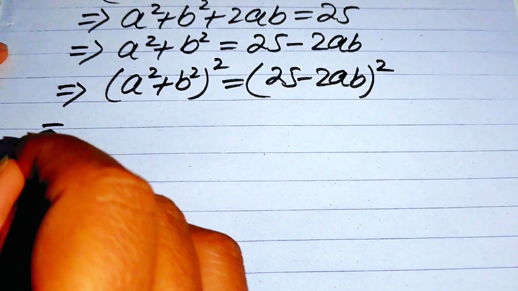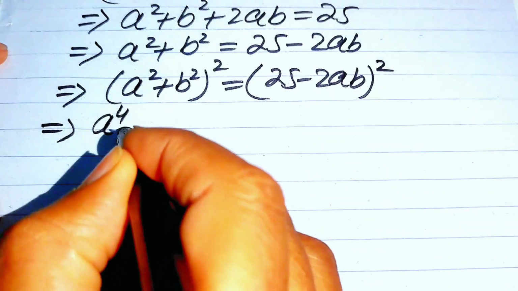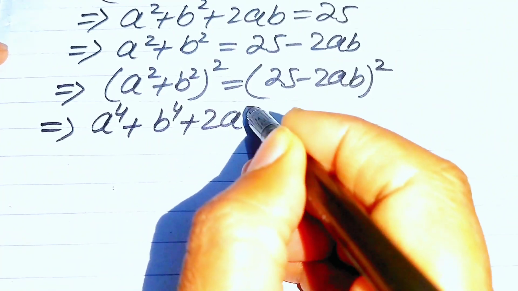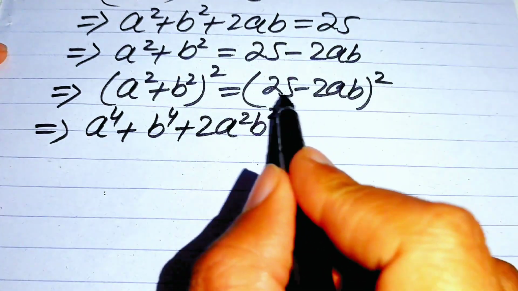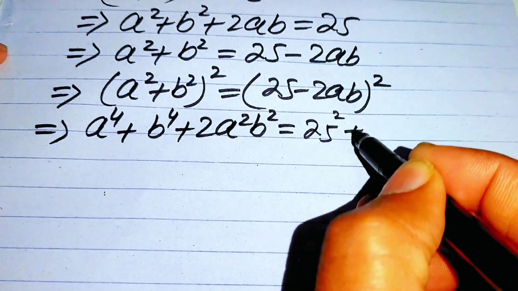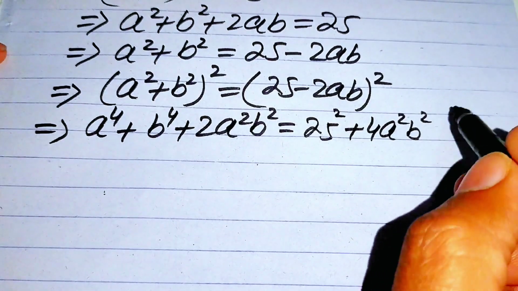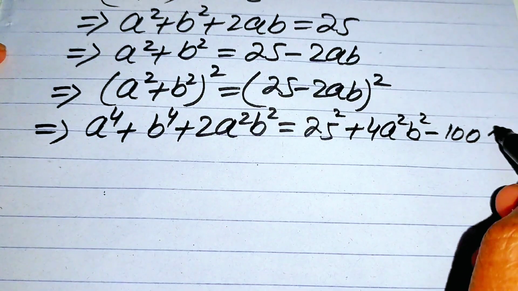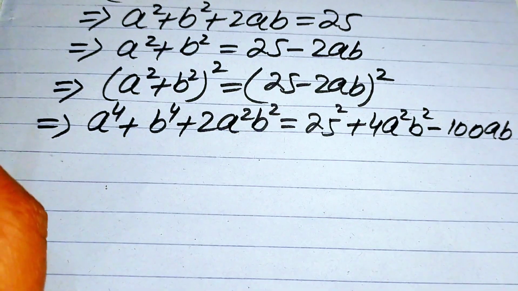And now we again open this square identity, and it becomes a to the power of 4 plus b to the power of 4 plus 2 times a square b square equals, here we open the square of this identity, 25 square plus 4 times a square b square minus 100 times ab.